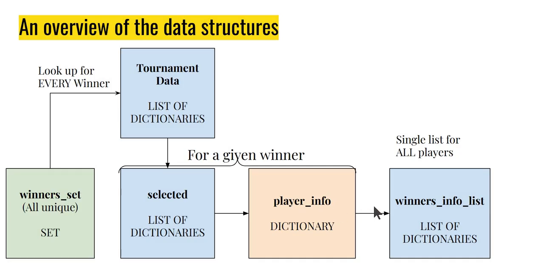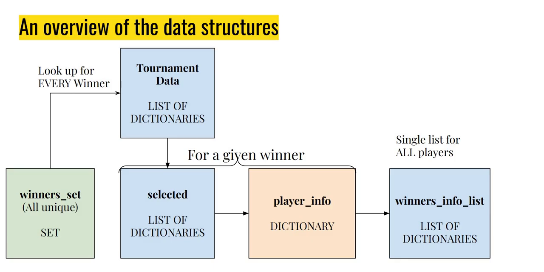We will consolidate all of this inside a list called winners info list. This is again a list of dictionaries, because player info for one player gets collected in a list for all. Then this list becomes a processed version of the original tournament data, and it contains data in a way that we can present it and gives us more ready insights.